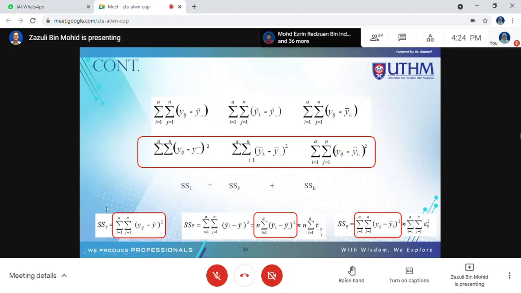The first one is for SST, the second one is for SSF. You just look at this red rectangular box marked area, where you can see the formulas that we can use easily for the calculations of SST, SSF, and SSE.